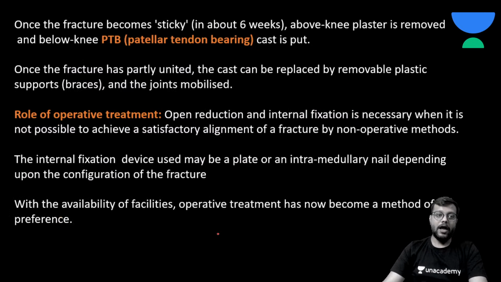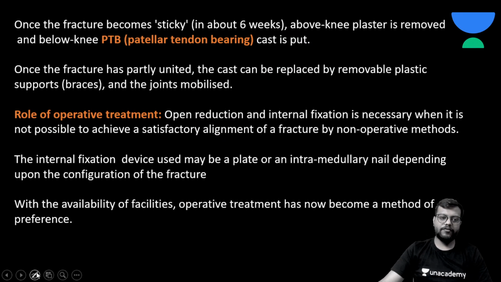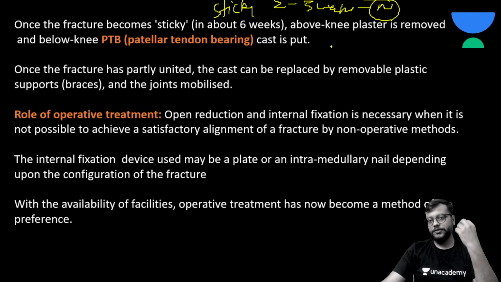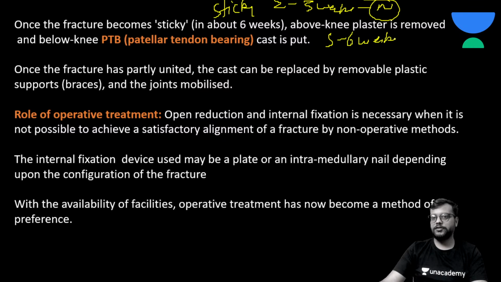as we have seen. And जब fracture sticky हो जाता है, like after 2 to 3 weeks, sticky 2 to 3 weeks में हो जाता है normal bones. बट जो लेग बोन्स होती है, एज वी हैव डिस्कस्ड, उनको कास्ट में भी ज्यादा टाइम तक रखना पड़ता है, तो 5 to 6 weeks for the long bones.